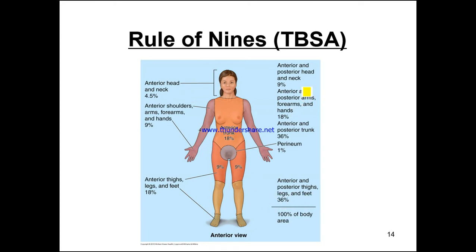Or if for instance we had anterior and posterior head and neck, we would have 9%; anterior and posterior arms, forearms and hands, 18%; anterior and posterior trunk, 36%. So if somebody was in a house fire and they had been burnt really heavily on the anterior and the posterior trunk, they'd have a 36% burn.